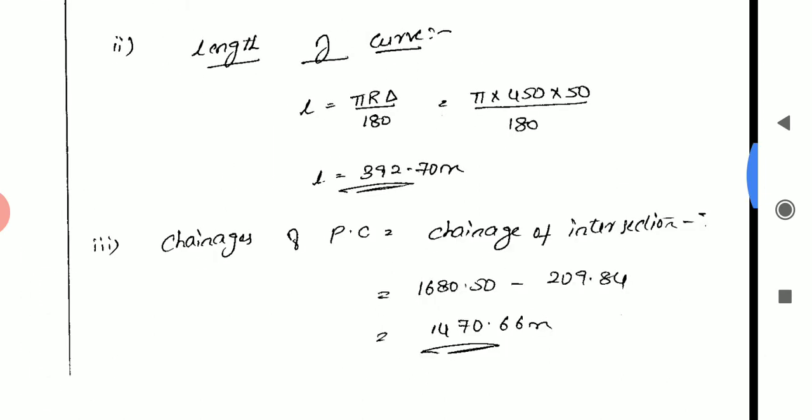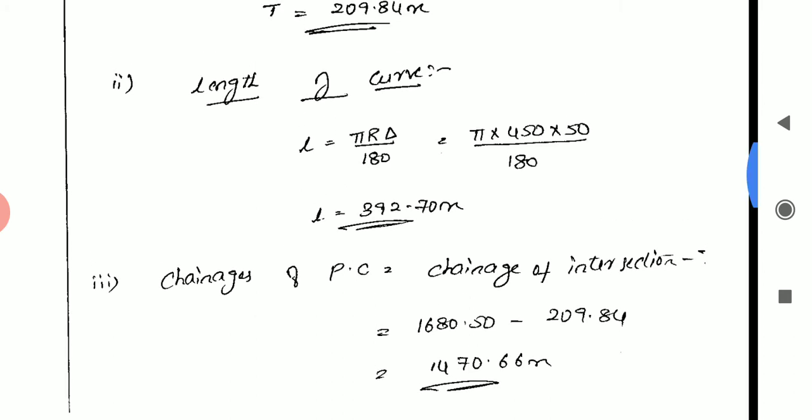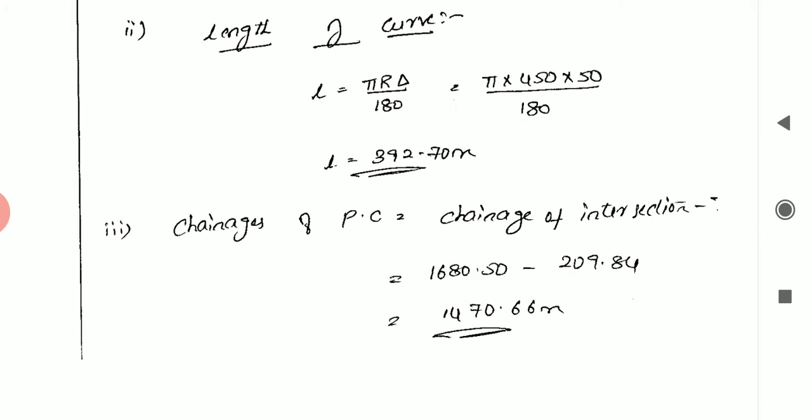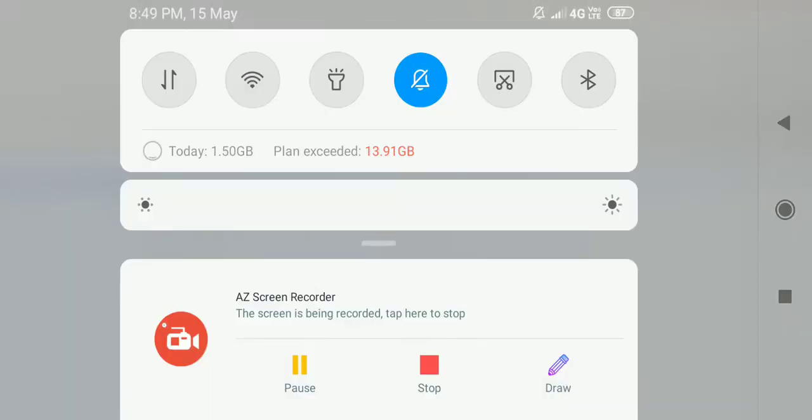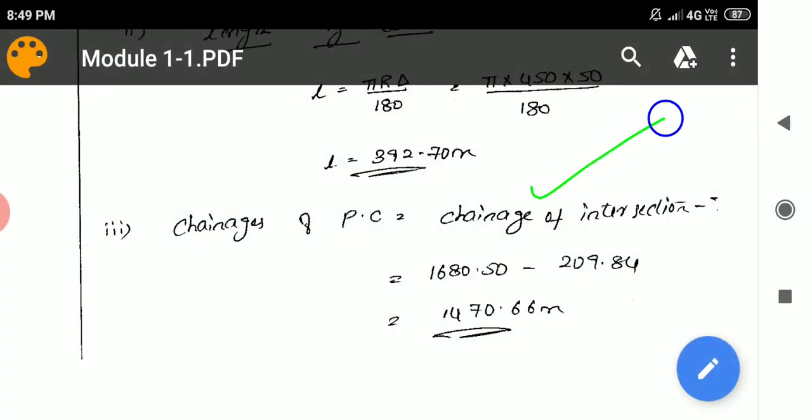Next one is chainage of point of curve. Chainage of point of curve is nothing but the chainage of intersection, which he already mentioned in the question, minus the tangent distance.